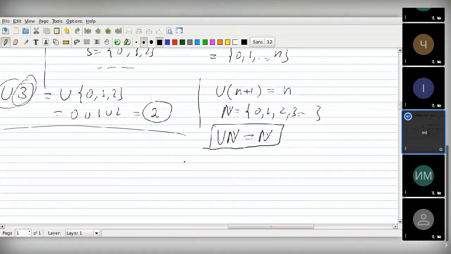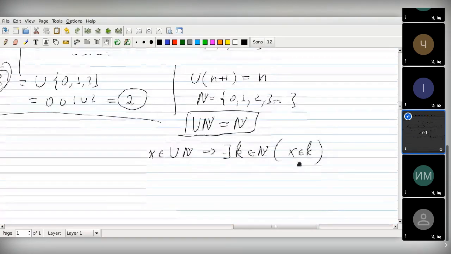Okay, let's prove it. If some x is an element of this union, that means that there exists a natural number, say k, such that x is an element of k.